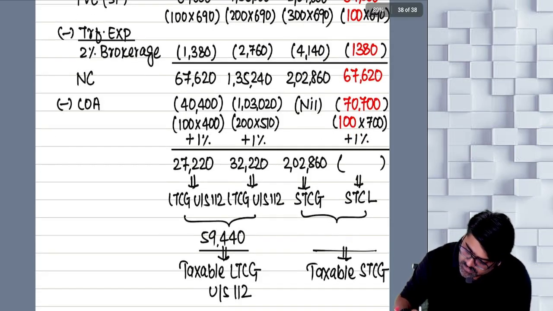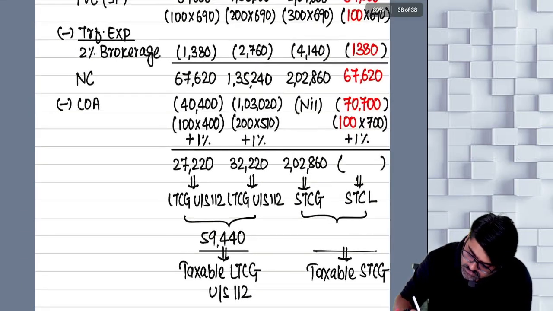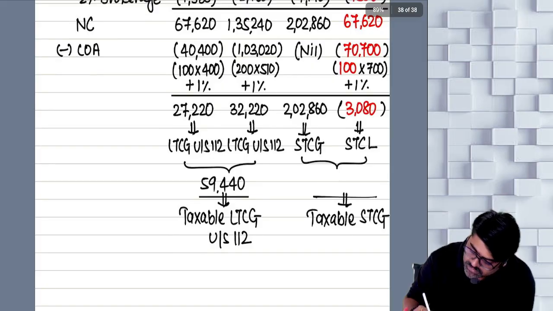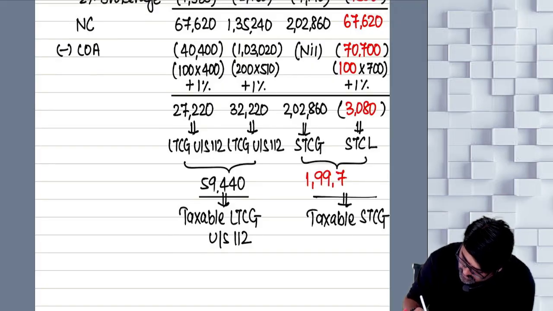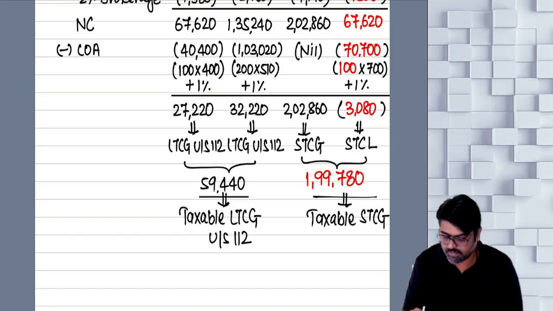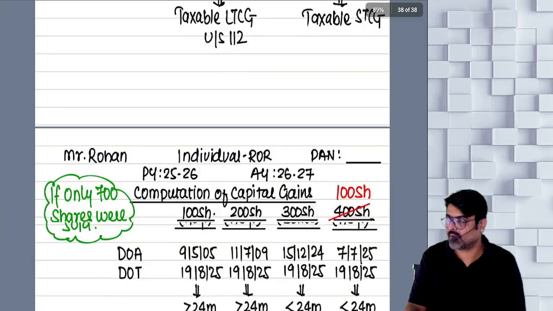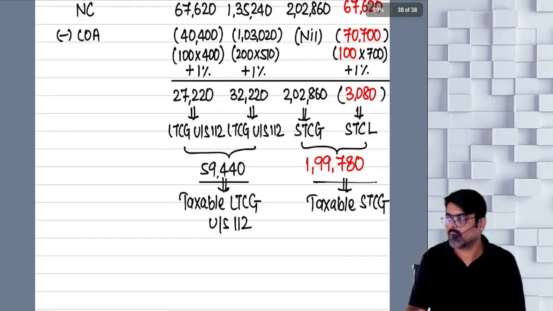And this will be giving me a loss. Loss how much? 3,080. Now this loss you set off against 2,02,860. 1,99,780. Everyone got this? Last time it was 1,90,540. Sorry, the final amount, and now it is 1,99,780.